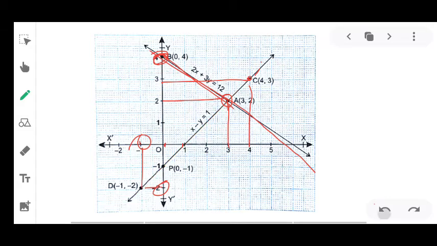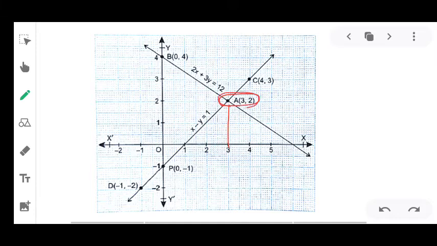As you can see, these two lines intersect at the point 3 comma 2. The coordinate of this point: if you draw a line to the x-axis, it will intersect at 3.